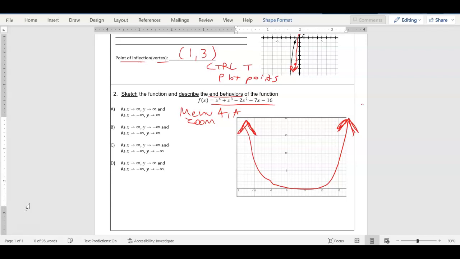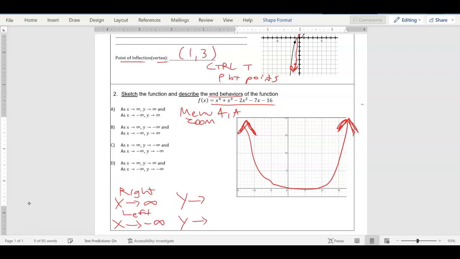In our answer choices, all the answer choices say as x approaches infinity, which means as x goes to the right, y is going towards what? And then the second row is always x is going towards negative infinity, which means to the left.